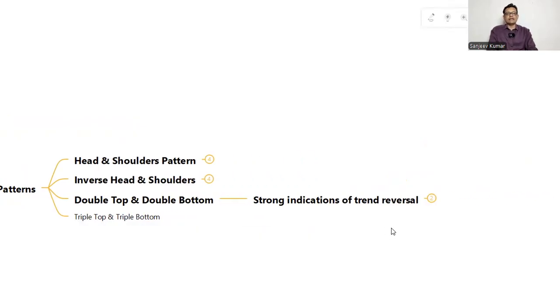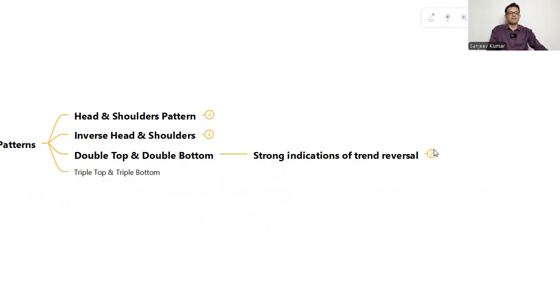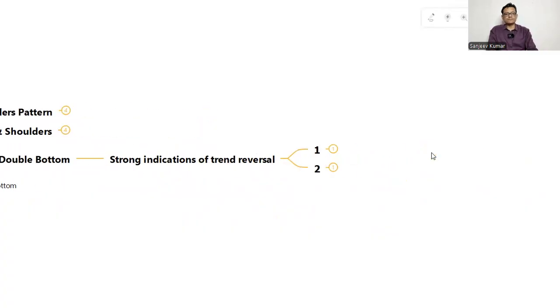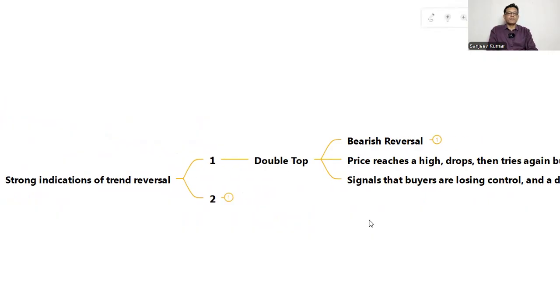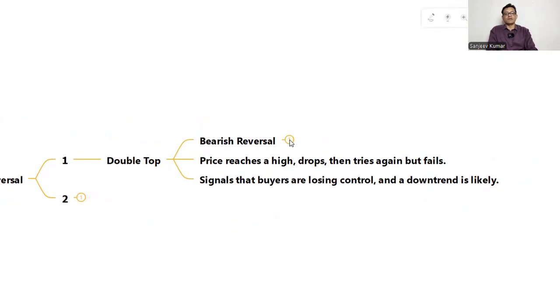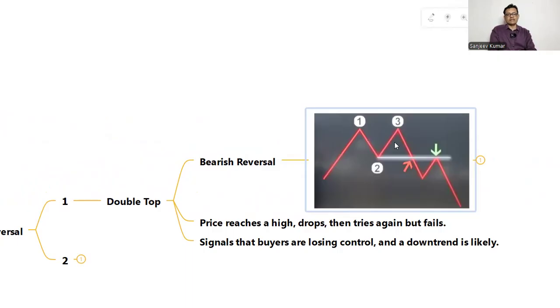A strong indication of trend reversal. First is double top. This is also called bearish reversal, and it looks like this one. Just assume share is in uptrend. Here share price is moving upside, and point 1 is the top. From here, selling pressure started and share price goes down.